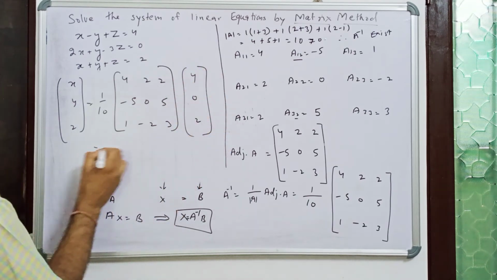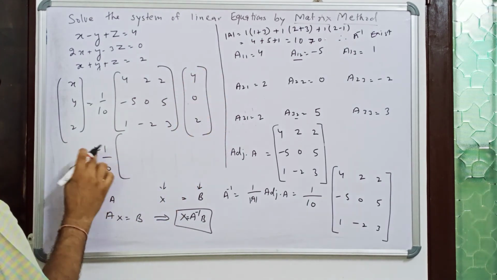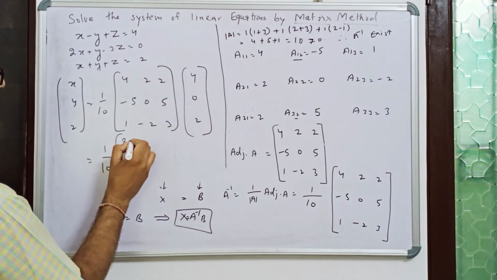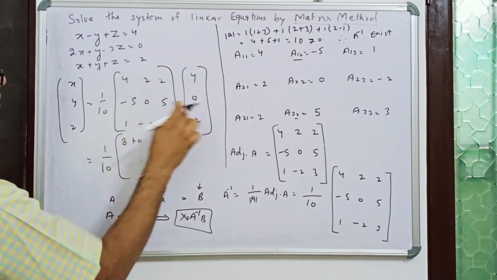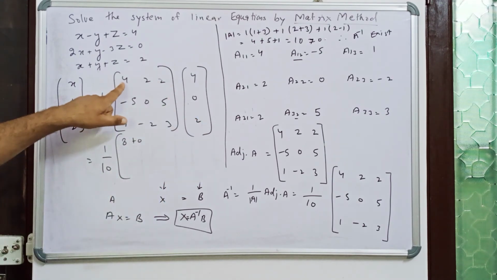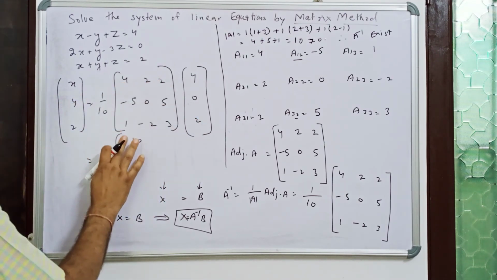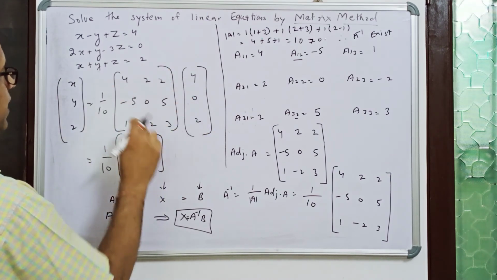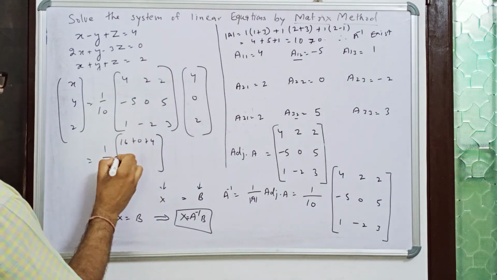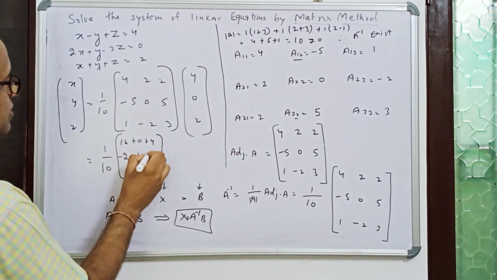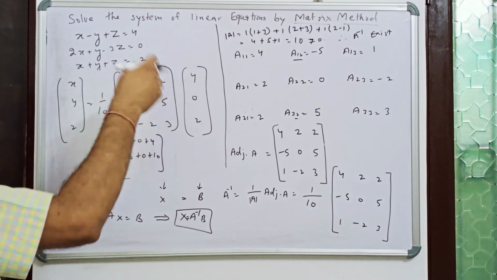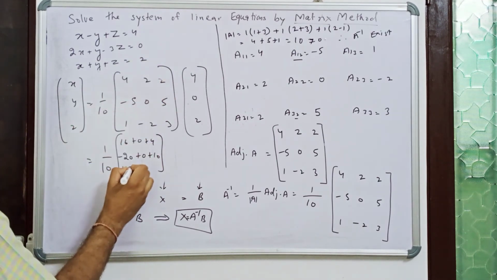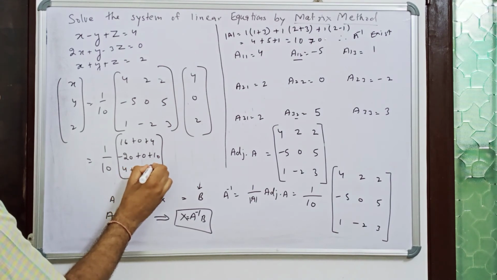Now I am simply multiplying these. 1 by 10 we will write as it is, and if you multiply it is 8 plus 0 plus 4, 16 plus 0 plus 4. Second part, multiply like this, so it is minus 20 plus 0 plus 10. If you multiply this, you all know how to multiply the two matrices. So it is 4 plus 0 plus 6.